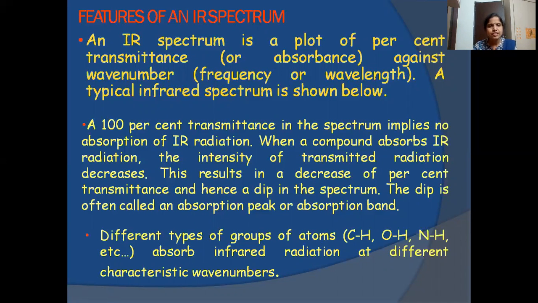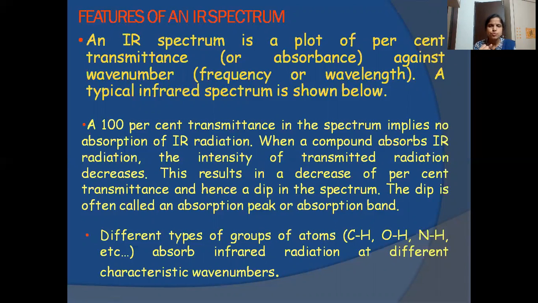As we have seen in the last class itself, the spectrum is nothing but a plot of percent transmittance against the wave number. 100% transmittance means it won't give any absorption band. But when a compound absorbs IR radiation, the intensity of transmitted radiation decreases.